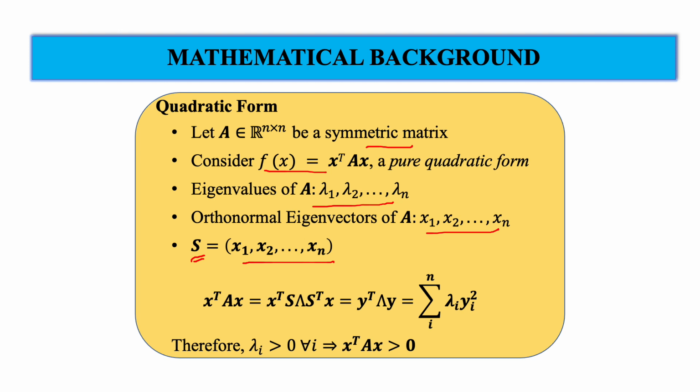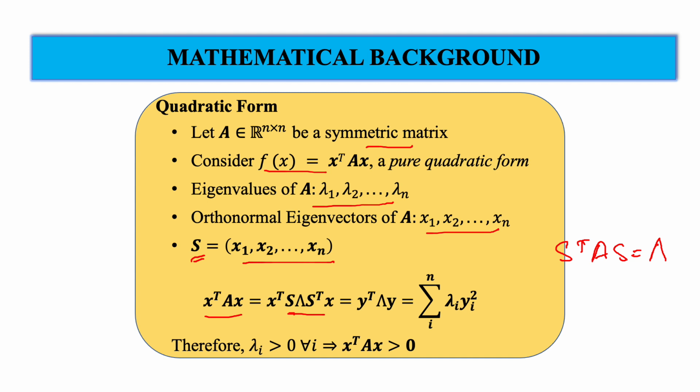Now if we consider the quadratic form x transpose Ax, we have seen that S transpose AS equals lambda for a symmetric matrix. So we can replace A by S lambda S transpose.